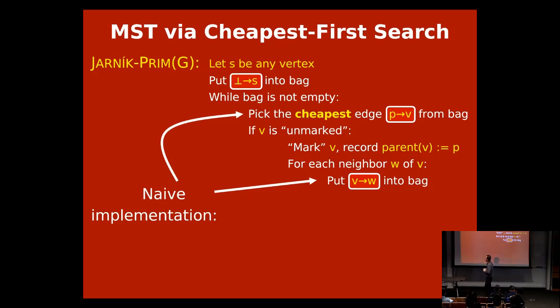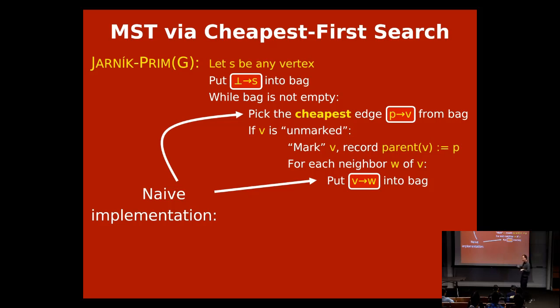So that's the algorithm. And while we're here, mainly I want to analyze why this gives you the minimum spanning tree correctly. But just while we're here on this slide, let's spend 2 seconds talking about how you would actually implement it. Now it's a bit more painful because every time you pull a tile out of the bag, you care to pull out the cheapest one, the one that has the lowest edge cost.